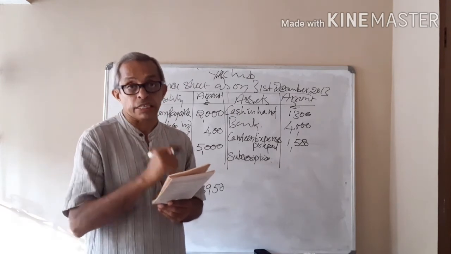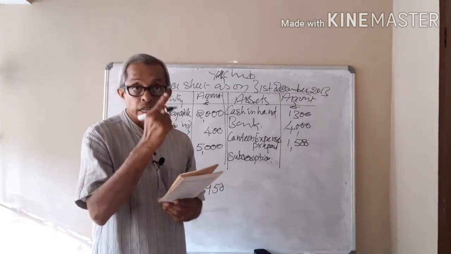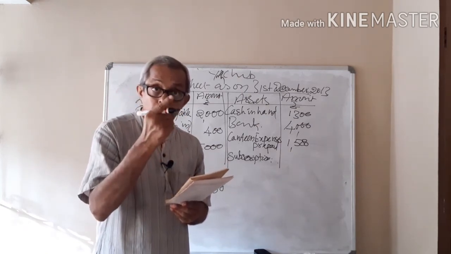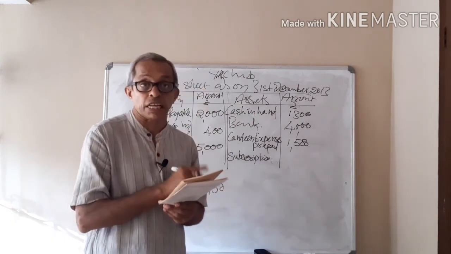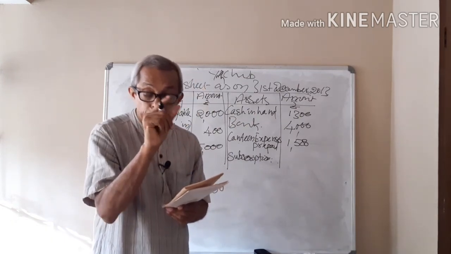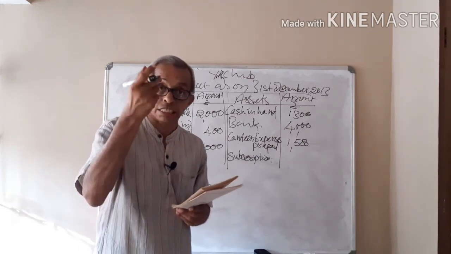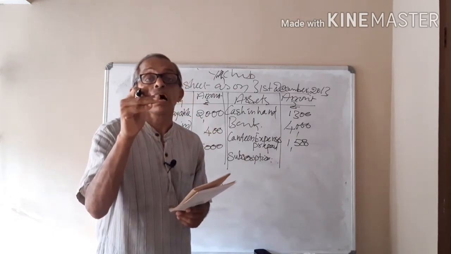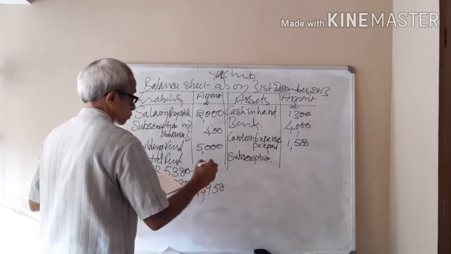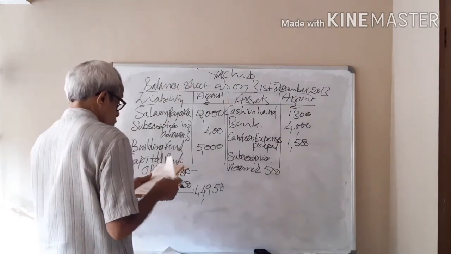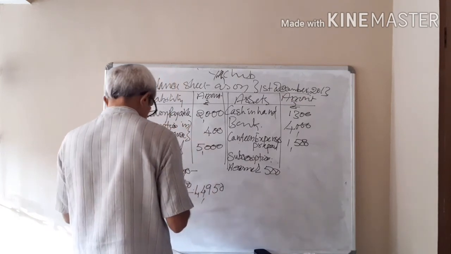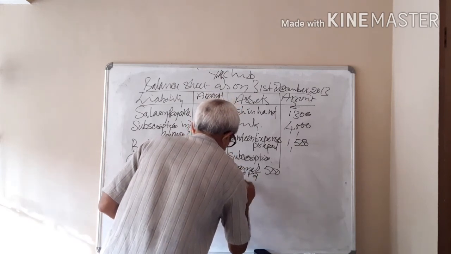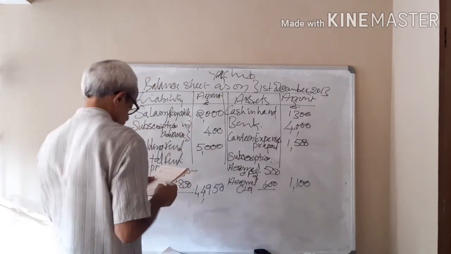So the balancing figure, that is 1,000 minus 500, that is opening balance of subscription accrued minus subscription received during the year of the previous year, that is 500. That difference 500 rupees is the subscription accrued of the previous year. That amount may be shown, that is subscription accrued. And to that figure we add subscription accrued during the year, opening date, accrued, closing date.